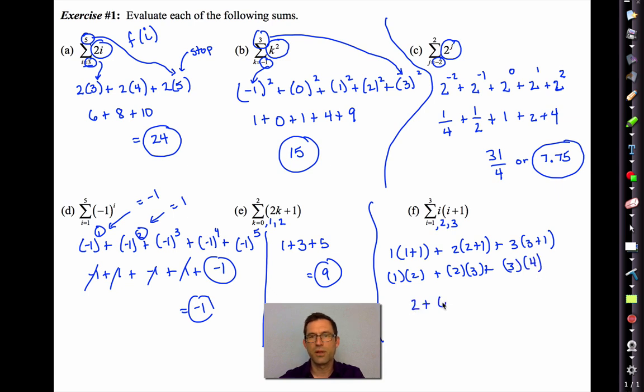So 2 plus 6 plus 12 gives me 20. Good. So it's not that hard of notation to use when we're evaluating it. There are going to be some tricky things in this lesson, but that shouldn't be one of them. Pause the video now and write down whatever you need to.